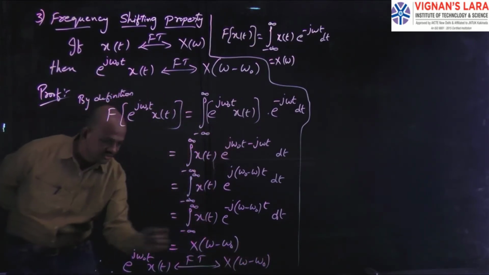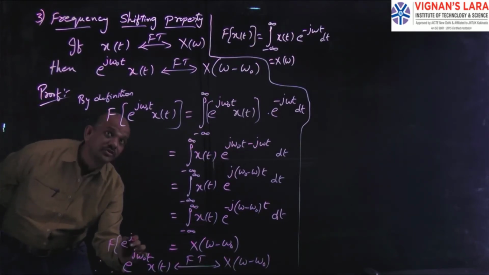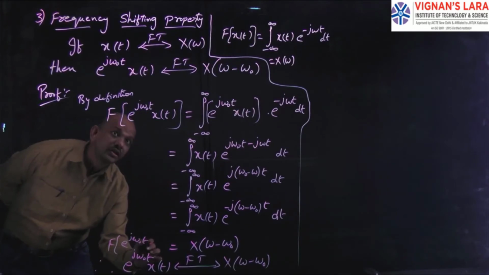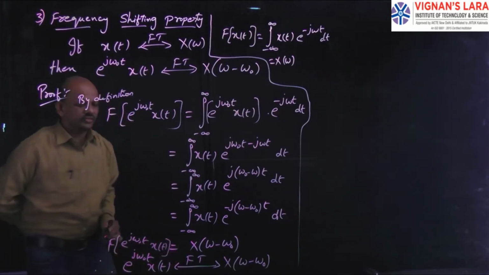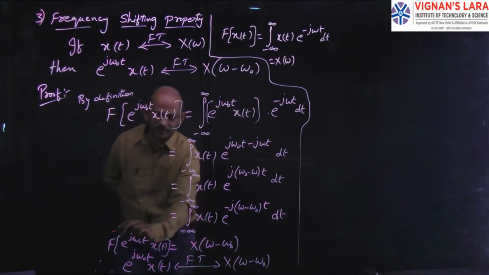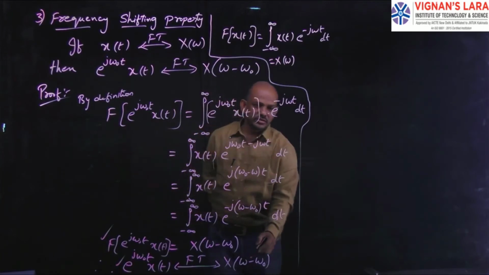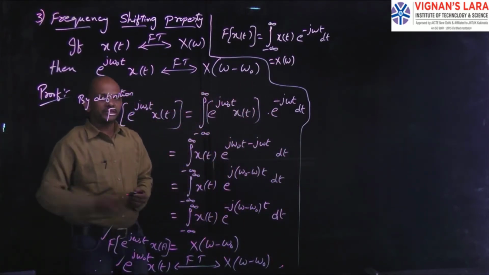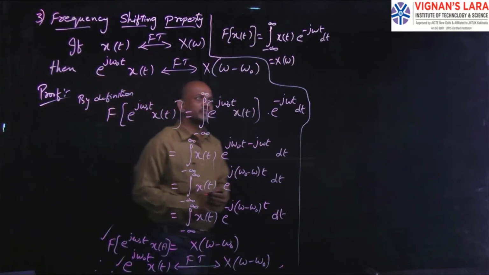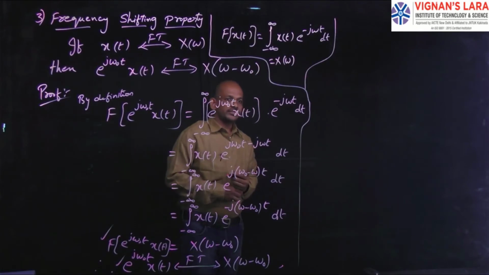Because this is nothing but the Fourier transform of e power j omega naught t into x of t. So I can represent it either in this way or in that way. This is how to prove the frequency shifting property. So this is a proof for the frequency shifting property. Clear? Now we will go on to the next property.